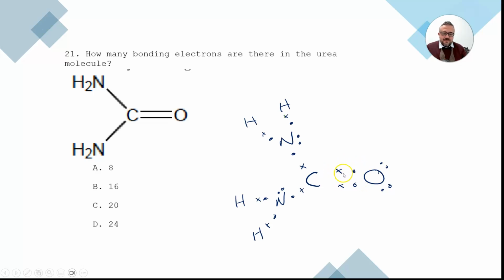But anyway, crosses and dots, so you can see which electrons belong to which atom. Now, if we highlight all of our bonding pairs, we can see that we have 1, 2, 3, 4, 5, 6, 7, 8. 8 bonding pairs. Fun. That's awesome. That means there's 16 electrons, so it's going to be that.